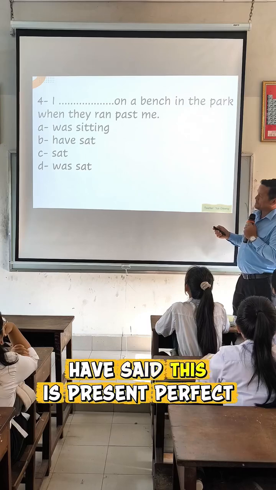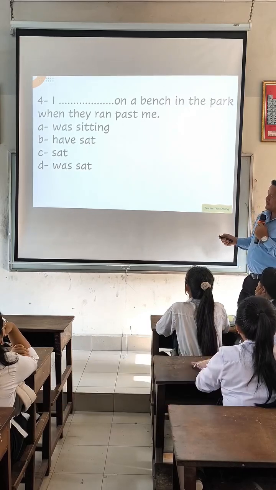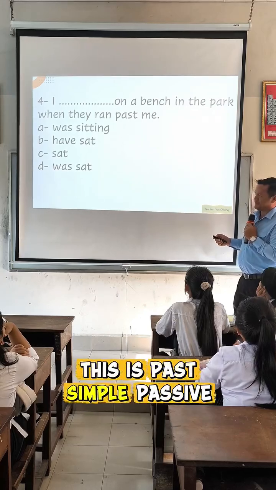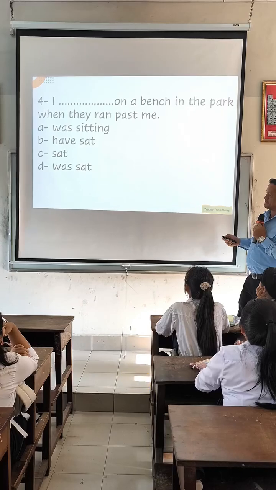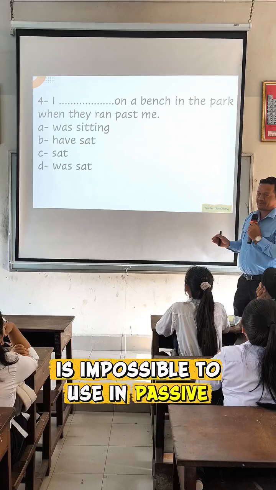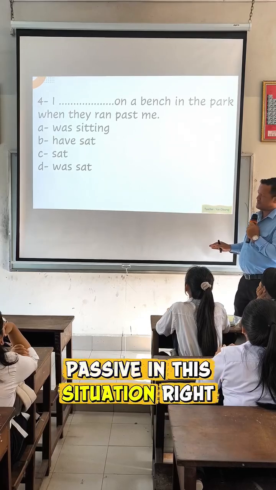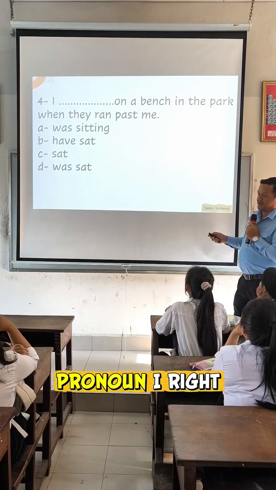Letter B, have said, is present perfect simple. Letter C, said, is past simple. And letter D, was said, is past simple passive. I think it is impossible to use past simple passive in this situation, because we use the subject pronoun I.